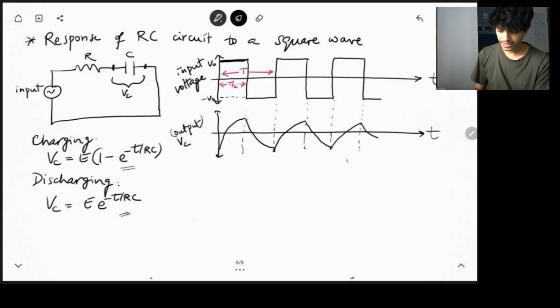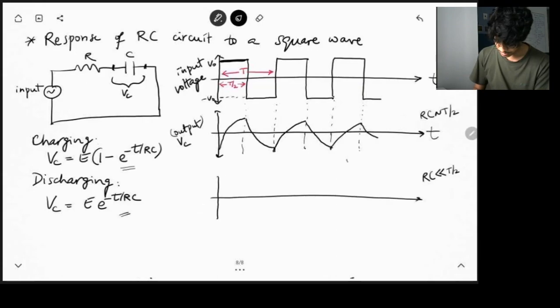Now what happens if I increase the value or if I decrease the value of RC? So let's say this is when RC is approximately the same as T by 2. But what happens now if I take a case where RC is much less than T by 2? Remember, RC is the time constant. It controls how fast or how slow the charging or the discharging is going to be.